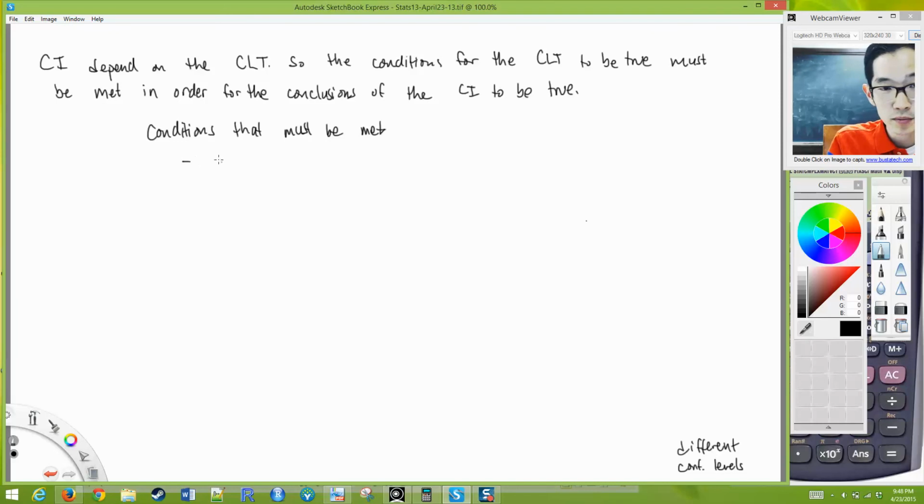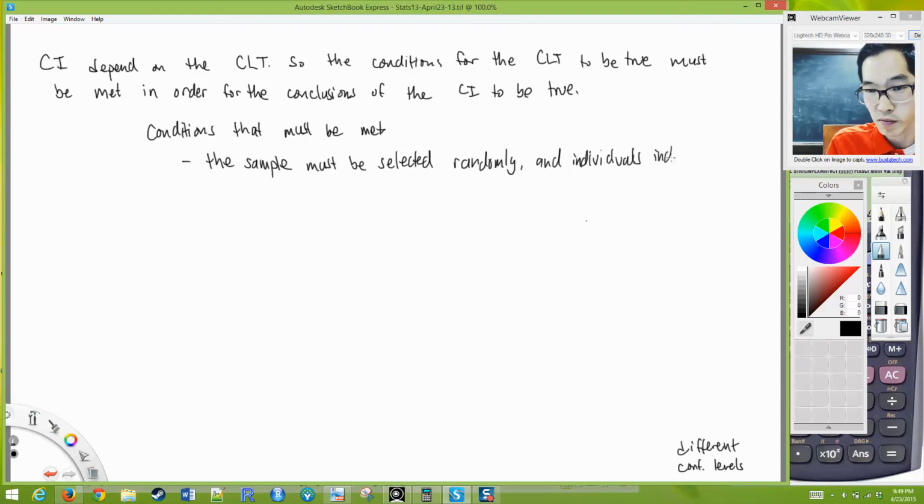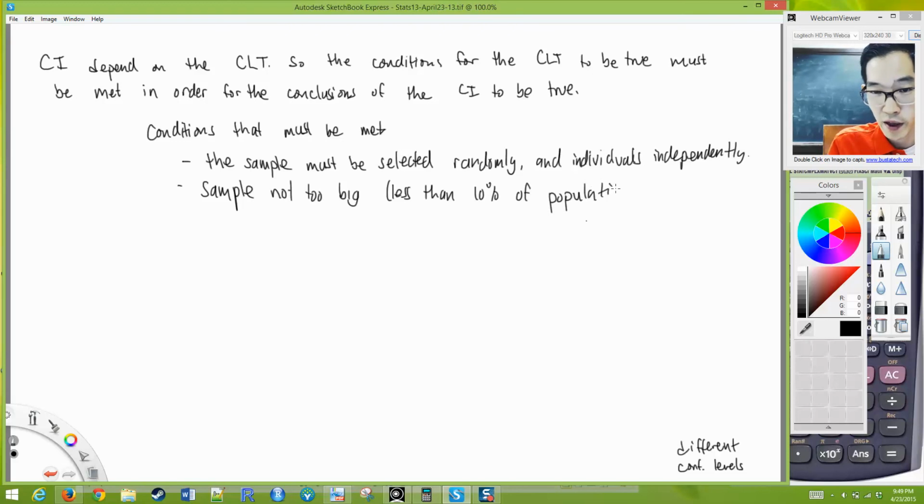Okay? The sample must be selected randomly, and individuals independently. Okay. Sample not too big: less than 10% of the population. And also the sample not too small.